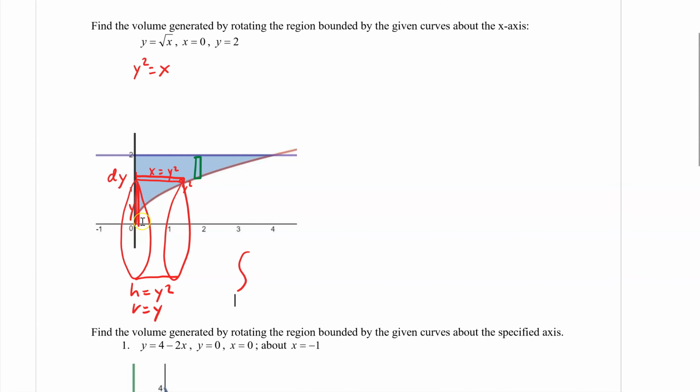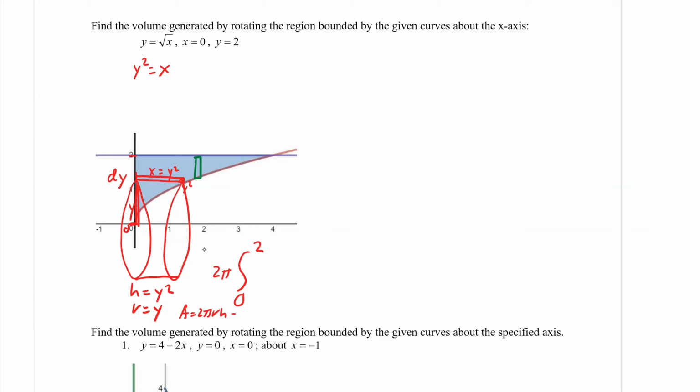What is my first y value? Again, we go from 0 to 2. Remember the dy, that is where we keep them, right there. So it would be from 0 to 2. And then we put 2 pi, and then it's RH. So if you remember, our area is 2 pi RH.